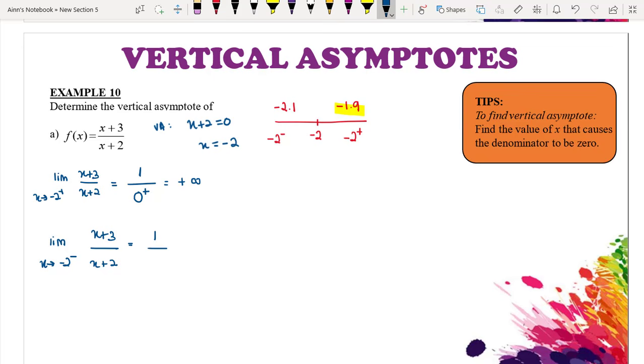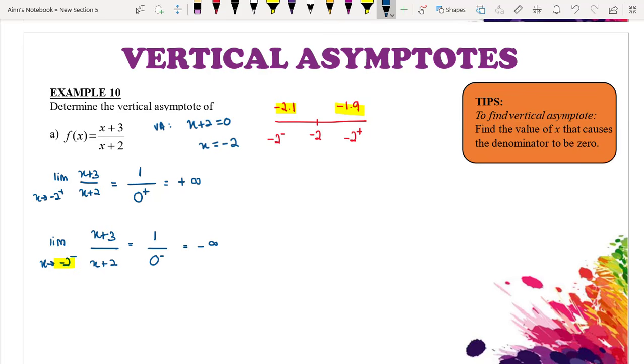This is the value for negative 2 from the left, so we assume the number is negative 2.1. Negative 2.1 plus 2 gives a negative number. So here we get 1 over 0 from the left, which equals negative infinity. You don't need to show your substitution of negative 1.9 or negative 2.1 in your working.